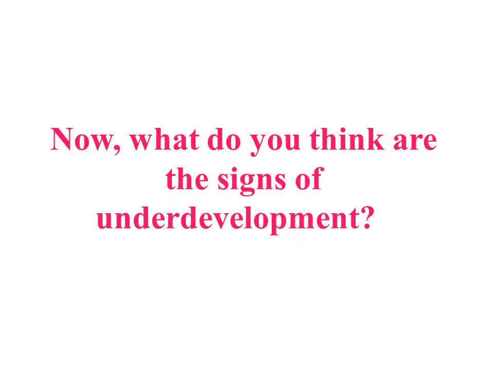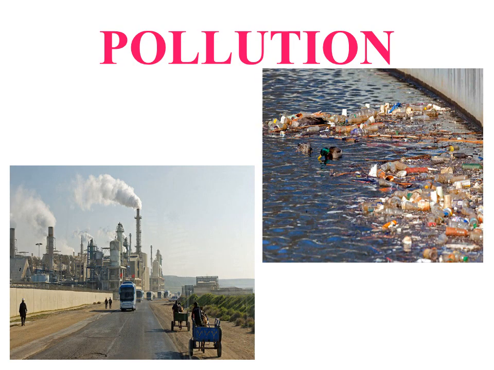Now, what do you think are the signs of underdevelopment in a country? Pollution, water pollution, and air pollution. Of course, at the very beginning in this video, we talked about taking care of the environment.